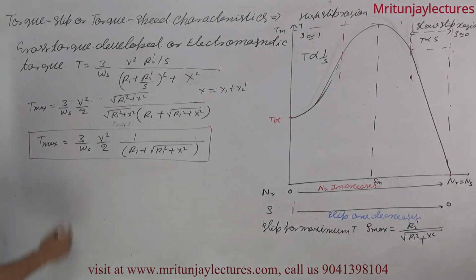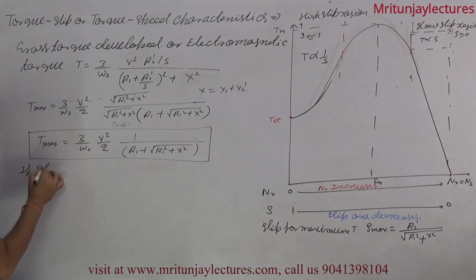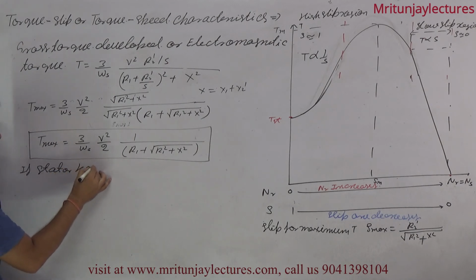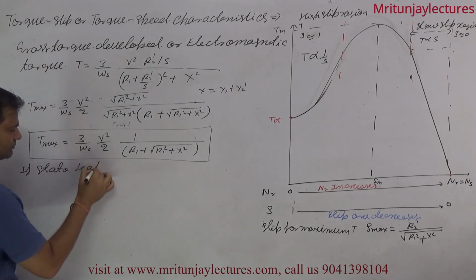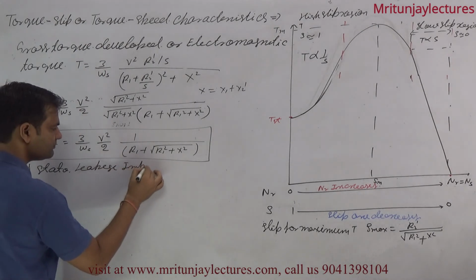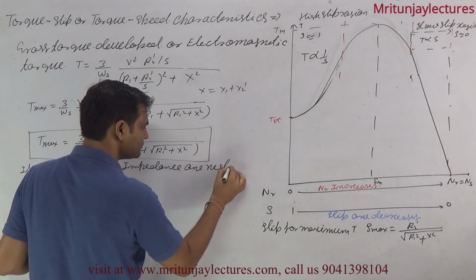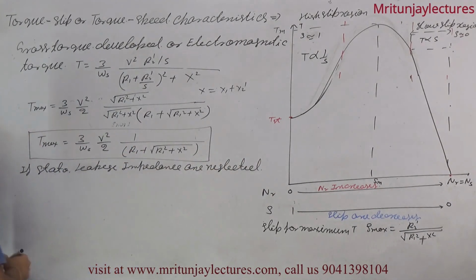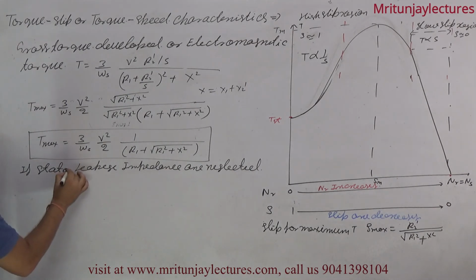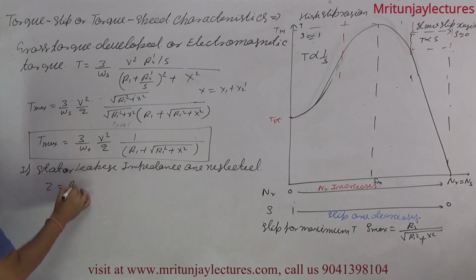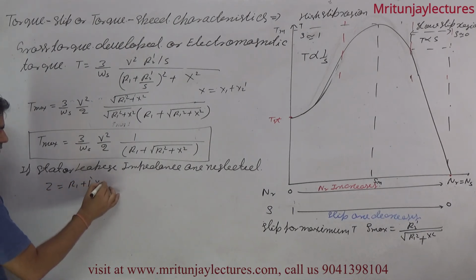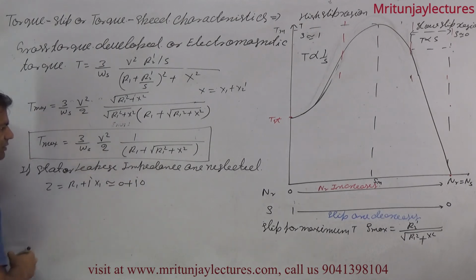if stator leakage impedance are neglected, then if stator leakage impedance are neglected means Z is equal to R1 plus jX1 closer to 0 plus j0. What about S max first of all?